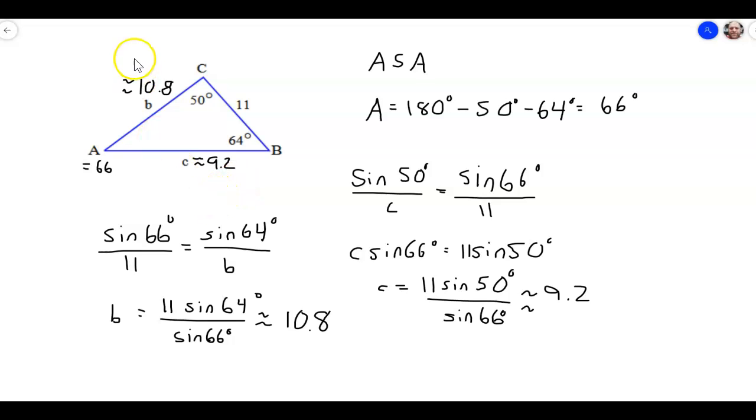The longest side is 11, and that's across from the largest angle, which is 66. The smallest side is 9.2, across from the smallest angle, 50 degrees. And the medium side is 10.8, across from the middle angle, which is 64 degrees. So at least that checks out. That doesn't mean it's correct, but at least it means I didn't make that error.